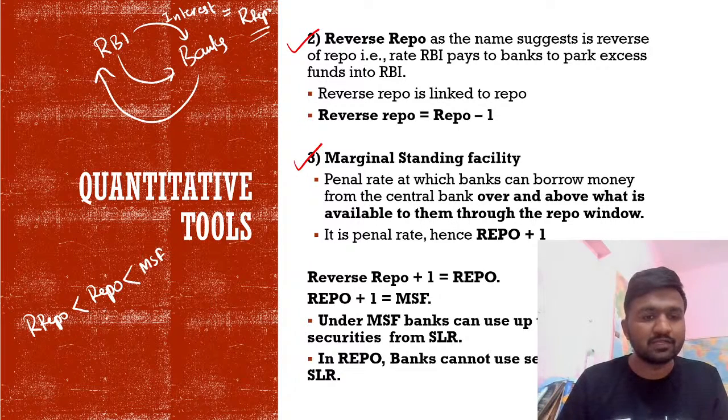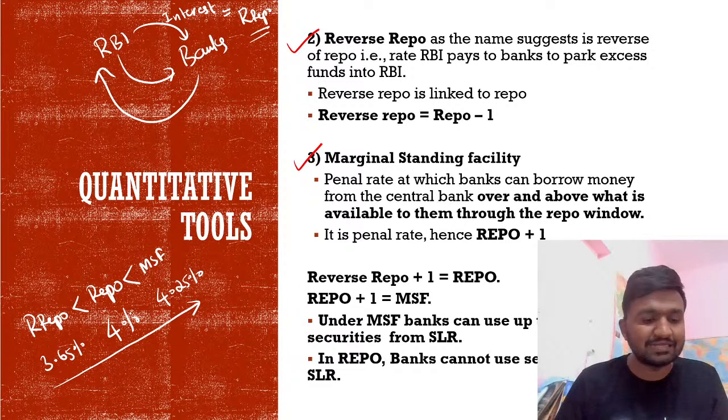The current repo rate is 4%, the current reverse repo rate is 3.65%, and the current MSF rate is 4.25%, in increasing order. Usually it would be repo minus 1, but now it is repo minus 0.35, and MSF is repo plus 0.25.